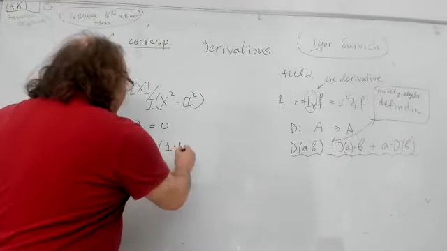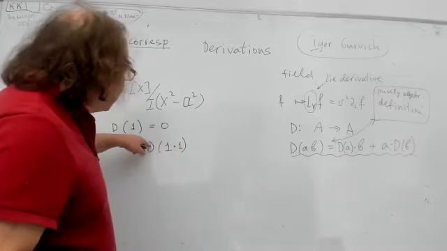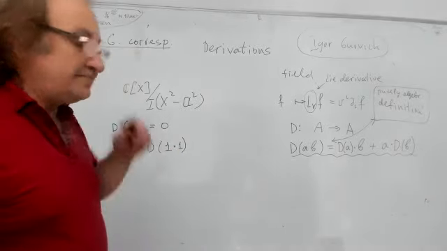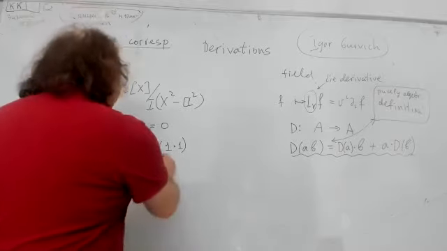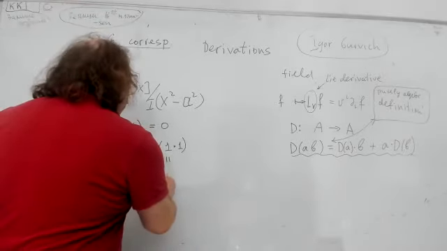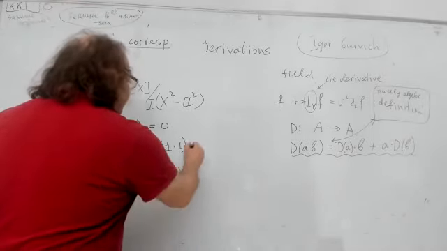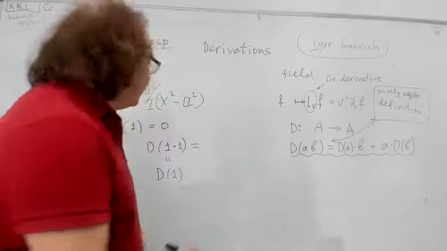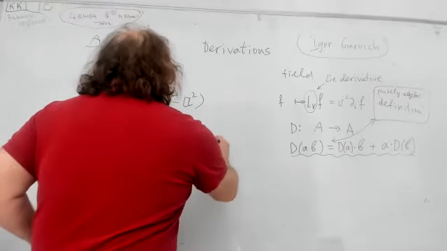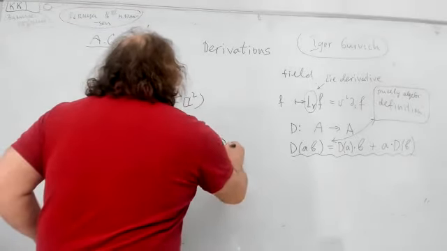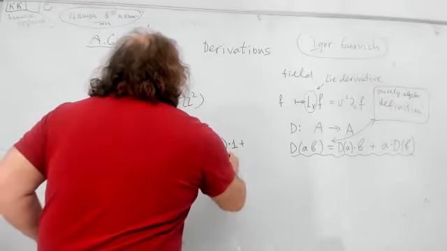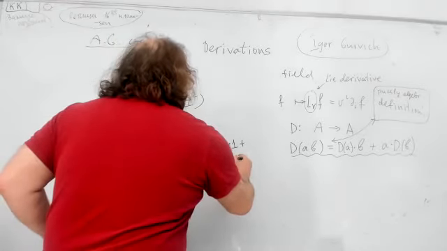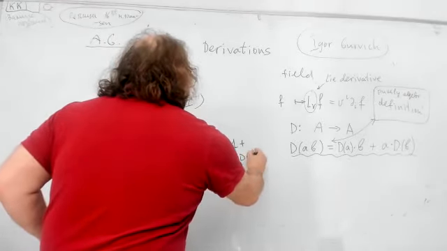Okay, so let us compute this. Please help me. Let me compute D of 1 times 1. It's, of course, D of 1. Then let us apply the Leibniz rule. It is D of 1 times 1 plus 1 times D of 1.